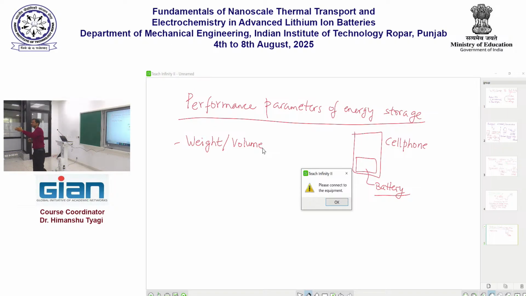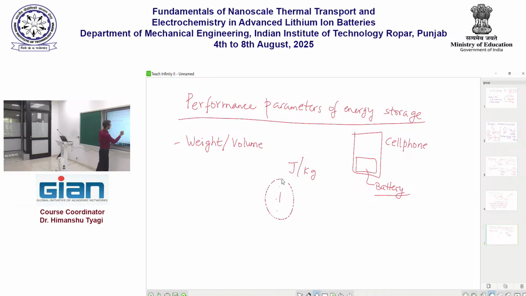Energy density, which has units of? Yes, you all are on the right track. So it would be how many joules I can store per kilogram, right? In 1 kilogram of this battery, how many joules of energy can I store?